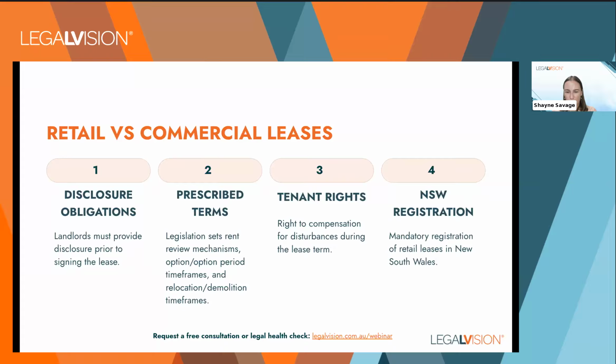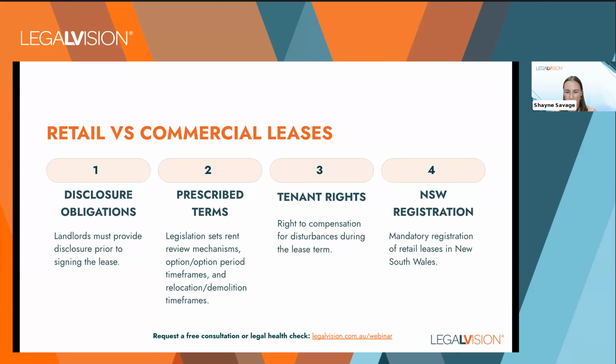So one of the first items that are prescribed are rent review mechanisms. Generally speaking, in retail legislation, the landlords need to specifically choose one rent review mechanism, such as a CPI review or a fixed percentage. There's not the opportunity to include the higher of CPI or say 4% increases.